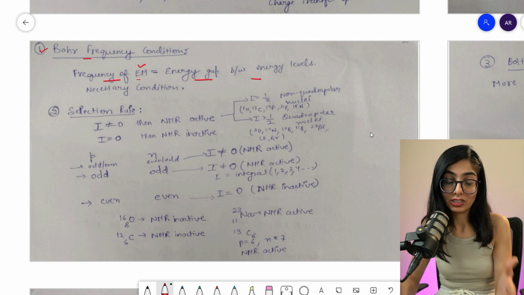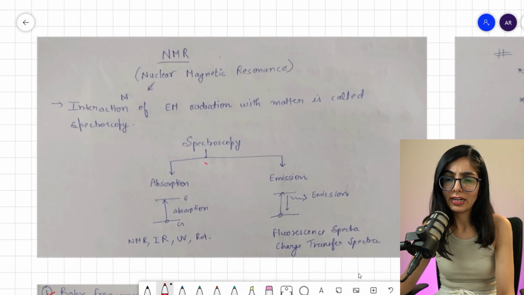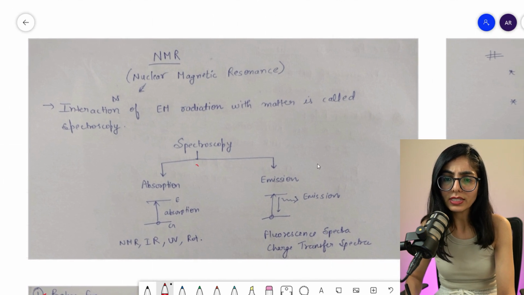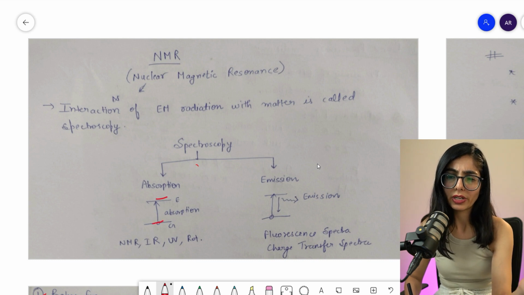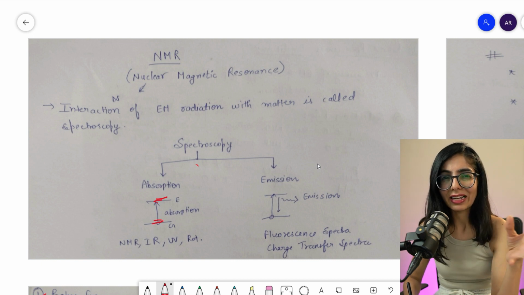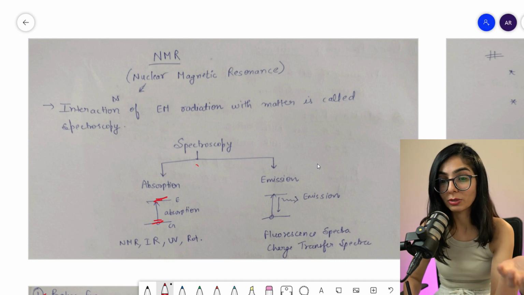This is a necessary condition. So first of all, let me go back to this first slide. These are energy levels. Whenever we talk about spectroscopy, we always talk about energy levels. So you must be thinking, okay Komal, these energy levels, we can't just imagine it, we can't just feel it, why are they there whenever we talk about spectroscopy?